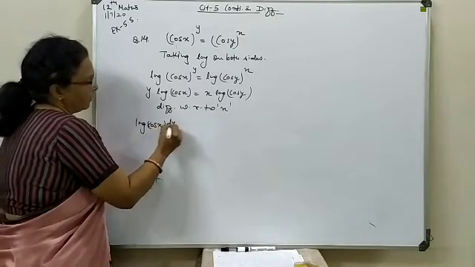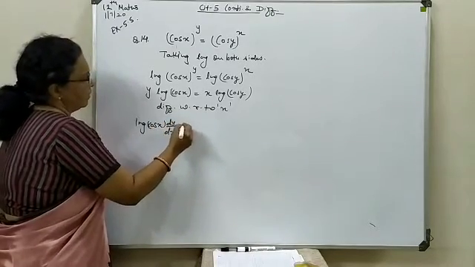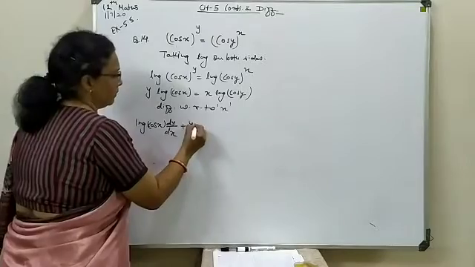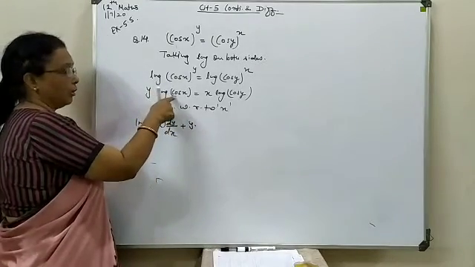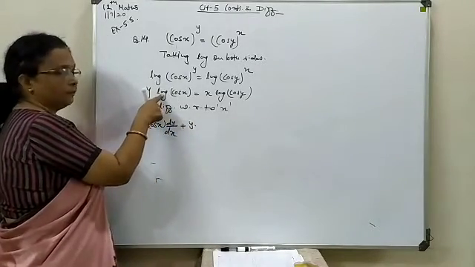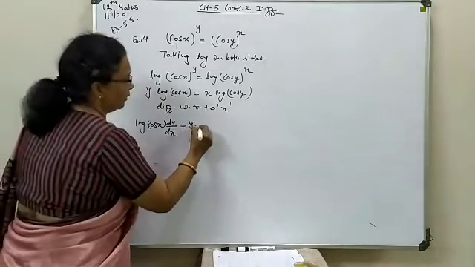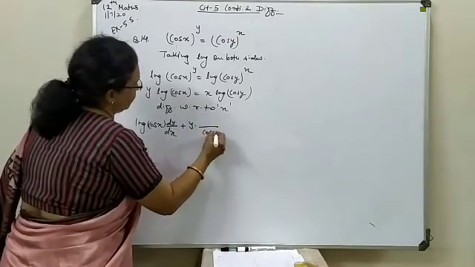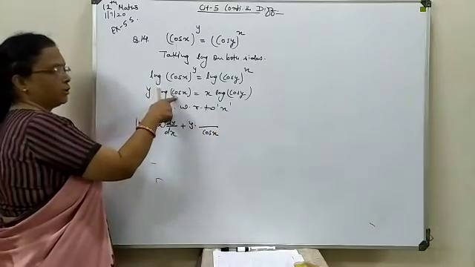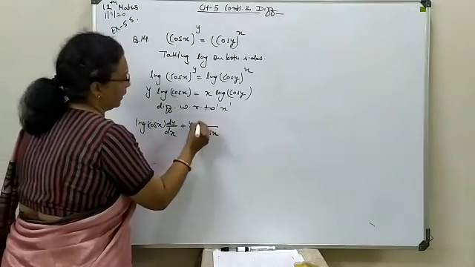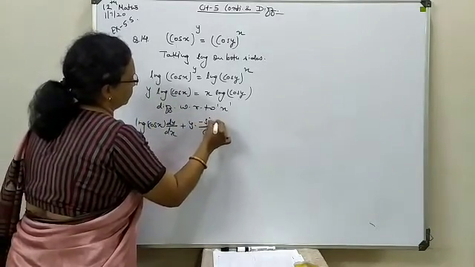Derivation of y will give you dy by dx. Secondly, this y you keep as such, and differentiate this log cos of x. So first of all, with respect to log, it will be 1 upon cos of x. Then differentiation of cos will be minus sin x.